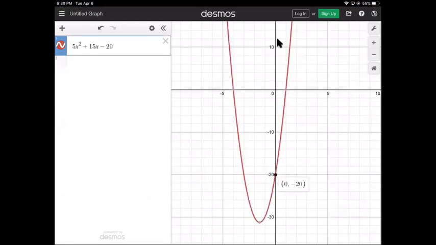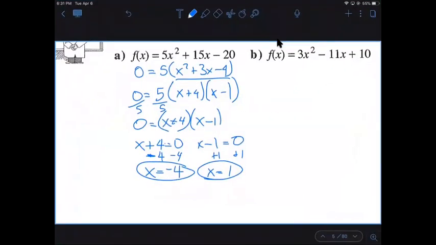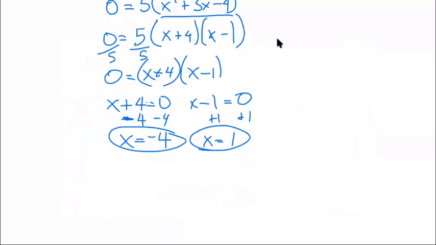The key about this is that the y-intercept is always when x equals 0. So the easiest way to find it, if you don't have a graph, is to substitute a 0 in for x. Just like finding the roots and the x-intercepts, you substitute y as 0. To find the y-intercept, I make x equal to 0.